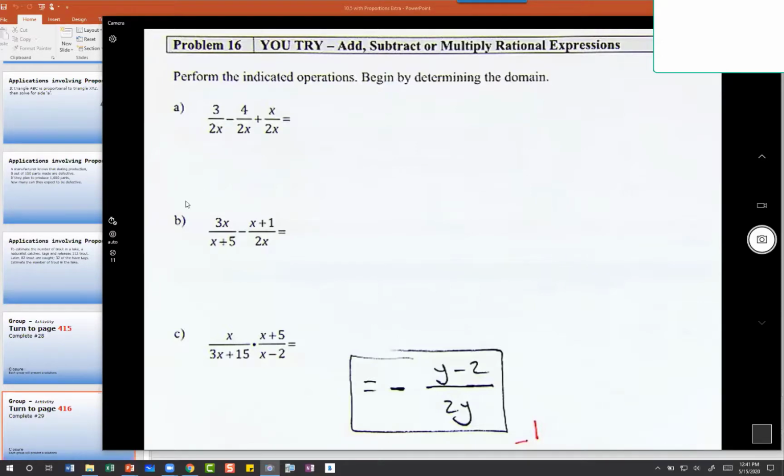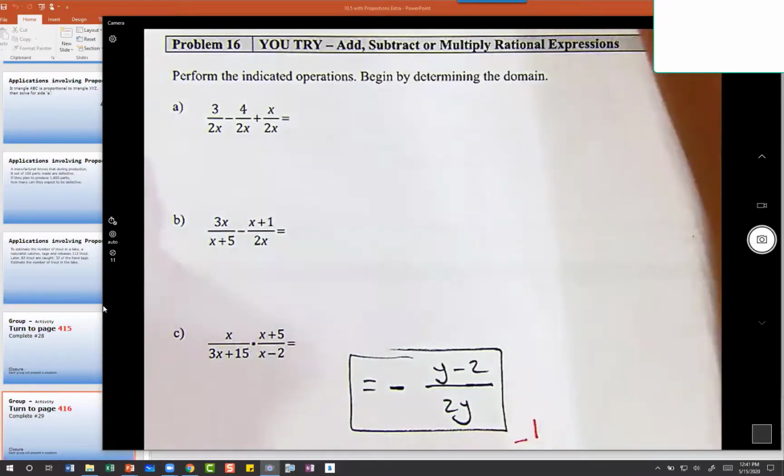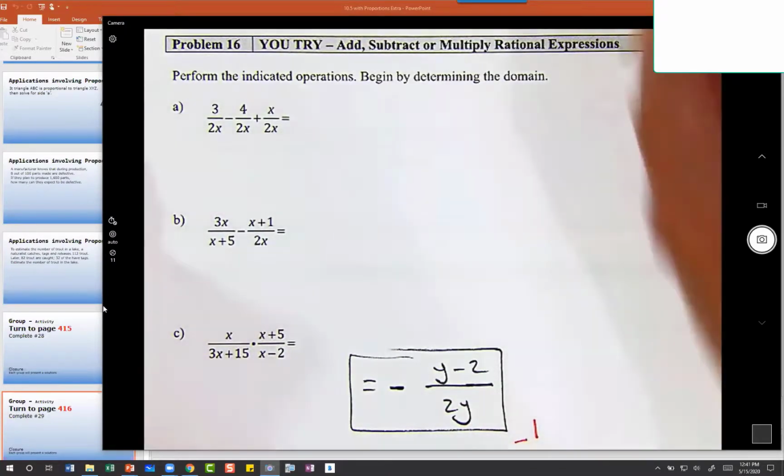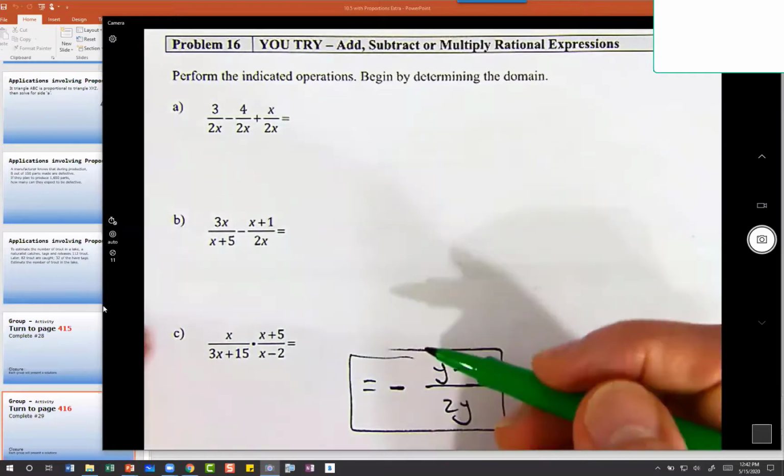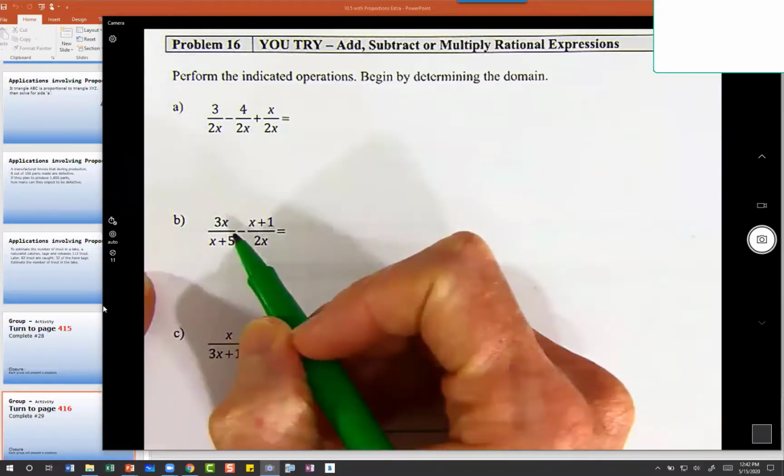I'll show you. It looks like you guys have, for the most part, come to some closure on it. Let's check and see how you did and what it should have come out as. So before we begin, we have to decide, it's a subtraction, right?